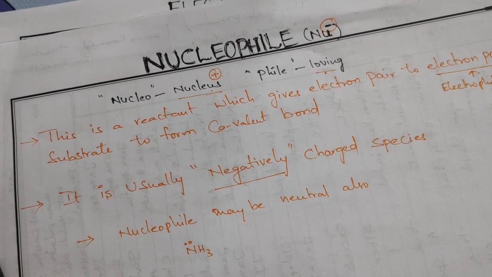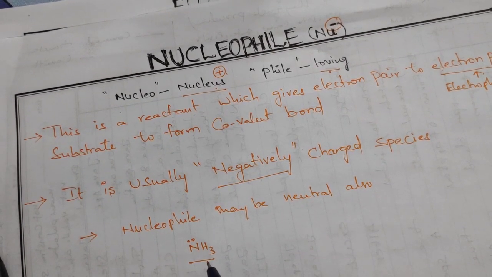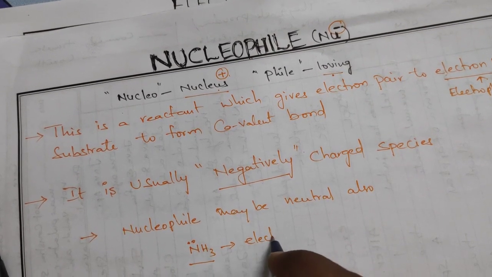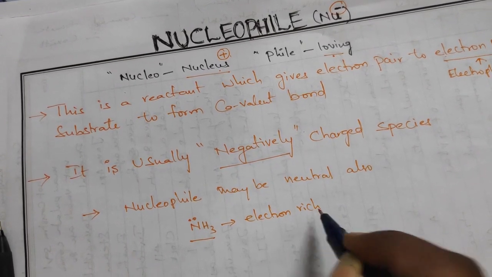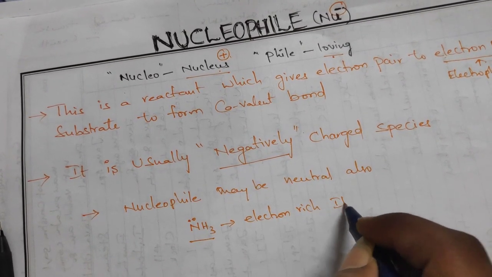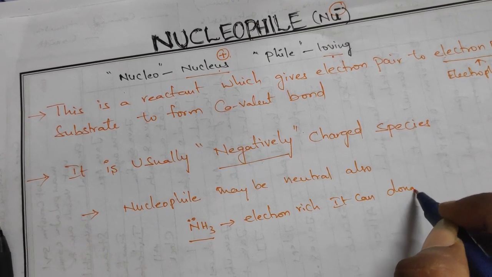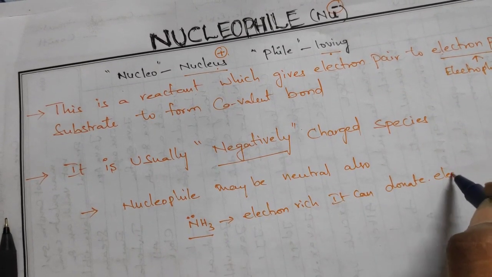Ammonia is a neutral molecule which doesn't have any charge, but it is electron rich, so it can donate electrons.